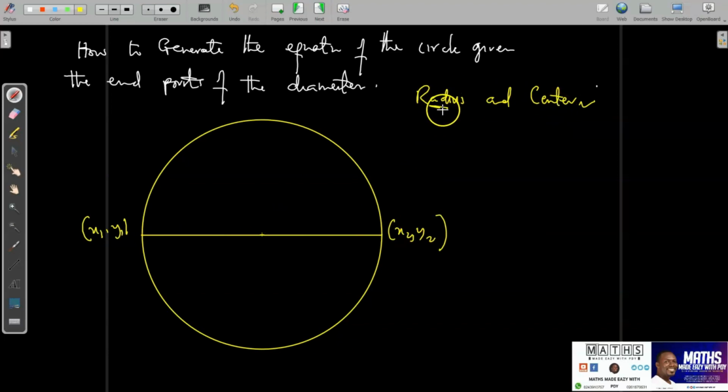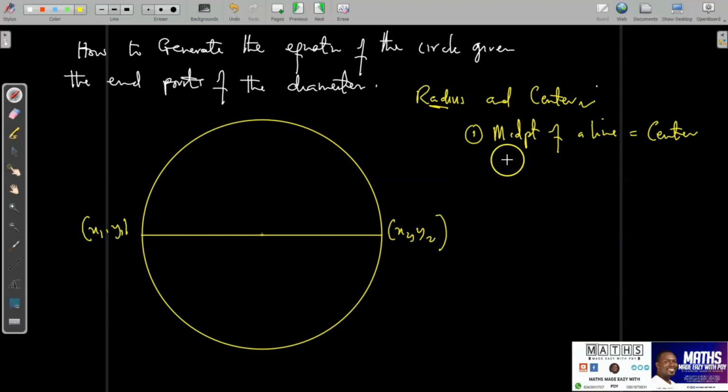Yes, you divide it into two. Good. So you use the idea of the midpoint of a line. That's number one. Midpoint of a line to obtain the center.